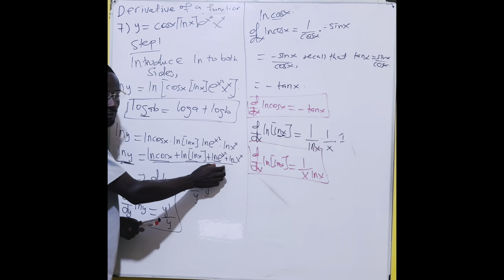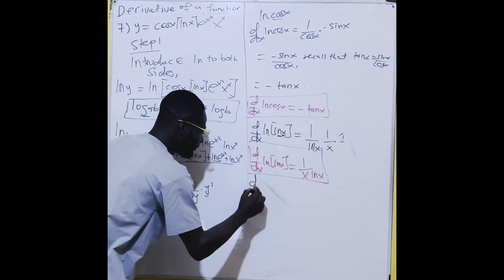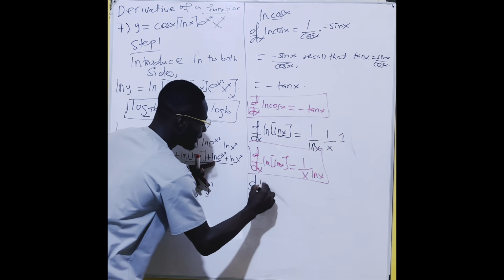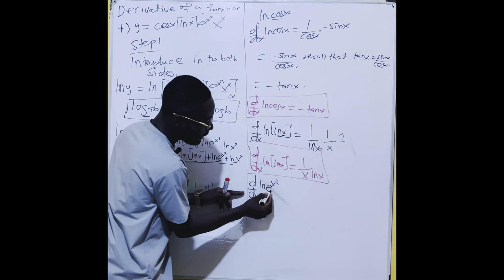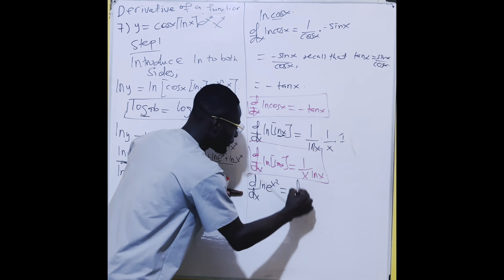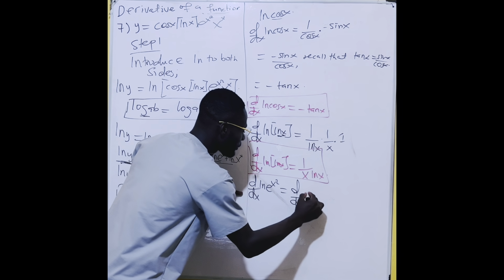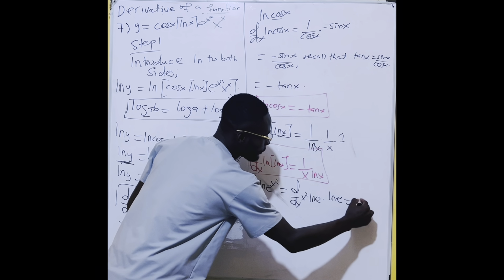So we move to the third part, which is the derivative of ln of e to the x squared, right? So in here, we have to drop the x squared before we can differentiate. So x squared ln e. And remember that ln e is equal to 1.